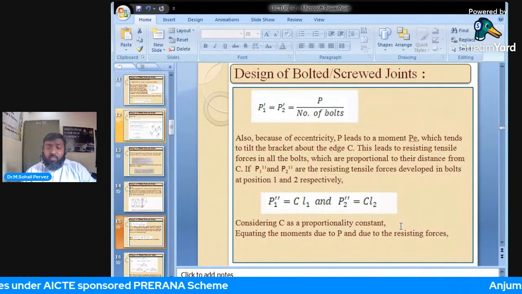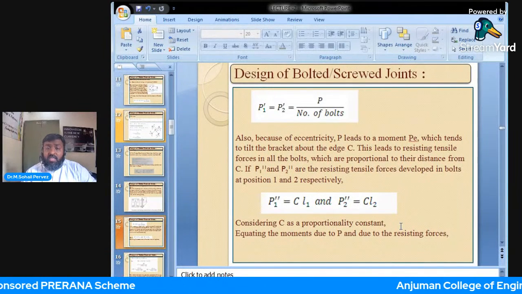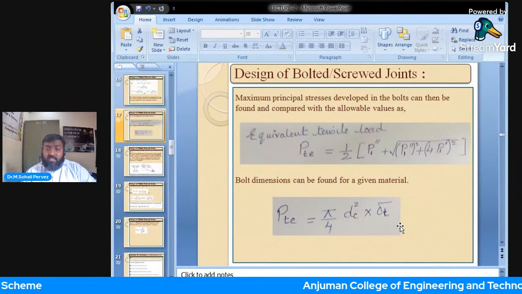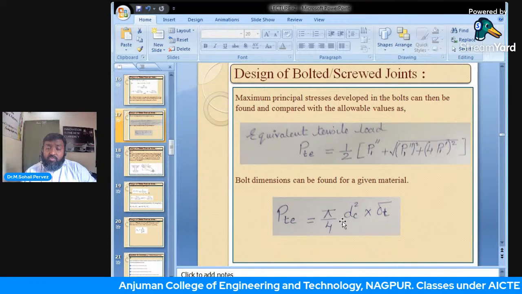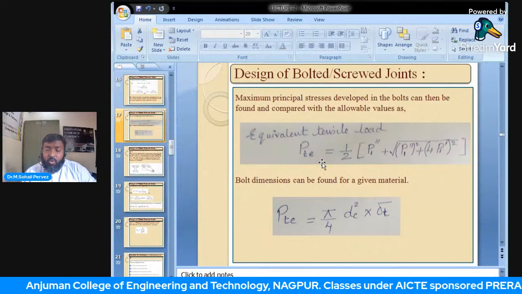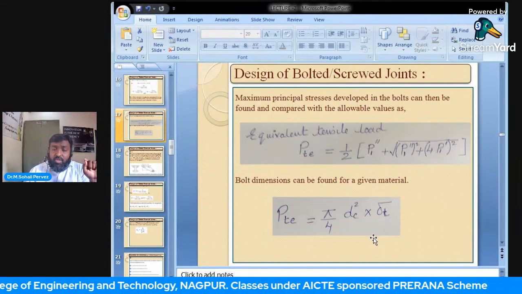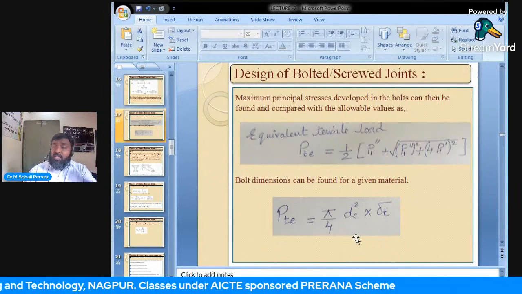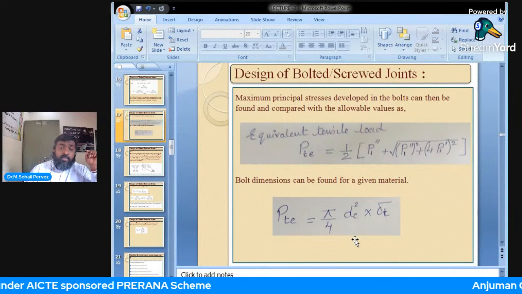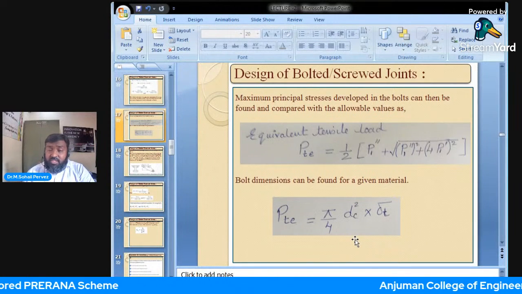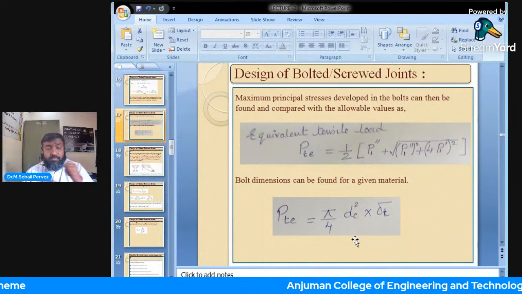So same equation, same procedure, only thing is that in this case the diameter would be the root diameter or core diameter of the screw, and for us it would be the diameter of the rivet, that is the shank diameter d. Rest every procedure, everything is the same.